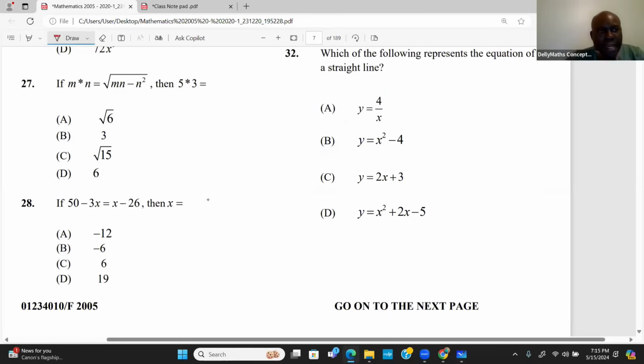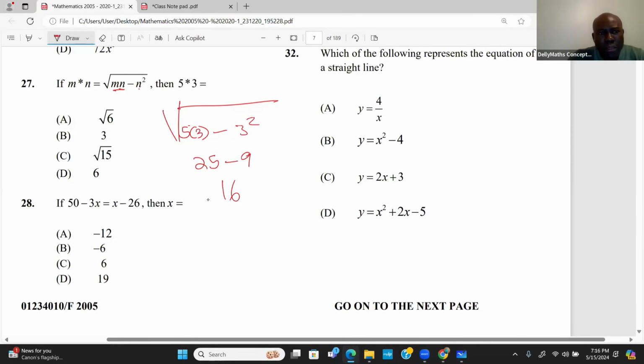Now, if m asterisk n is this, then 5 asterisk 3. So we did these, right? So all you have to do is put it in. You're going to multiply the two numbers because mn, so that becomes 5 times 3. And you're going to subtract the one at the back squared, 3 squared. 25 minus 9, 16. Am I right?